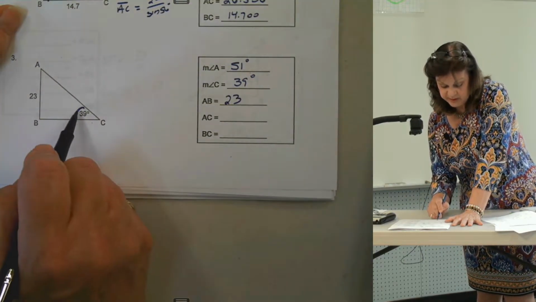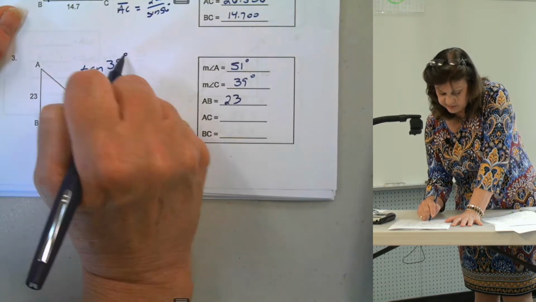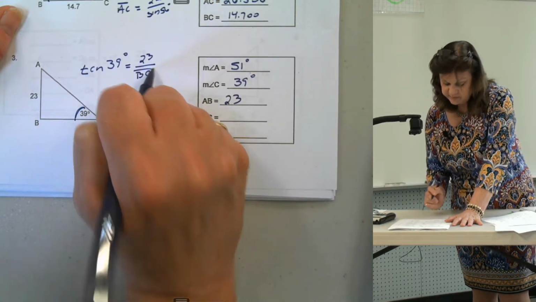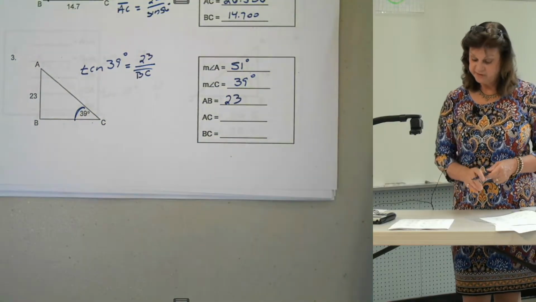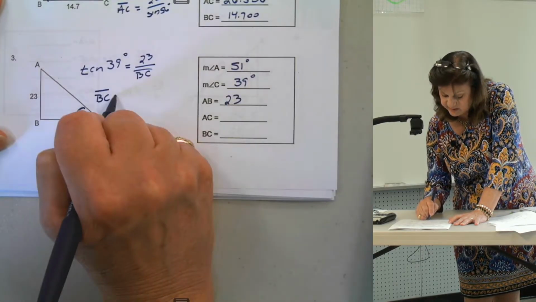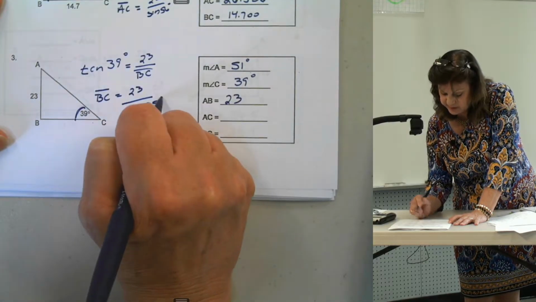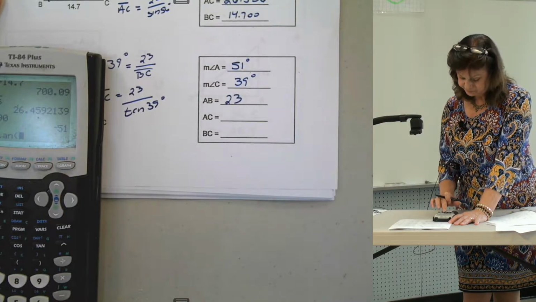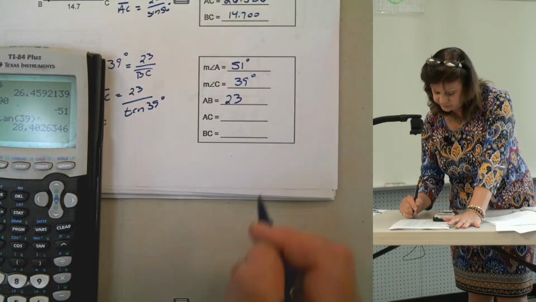So I know that the tangent of 39 degrees is opposite over adjacent. So the length of BC is 23 divided by the tangent of 39. So I've got 28.402.